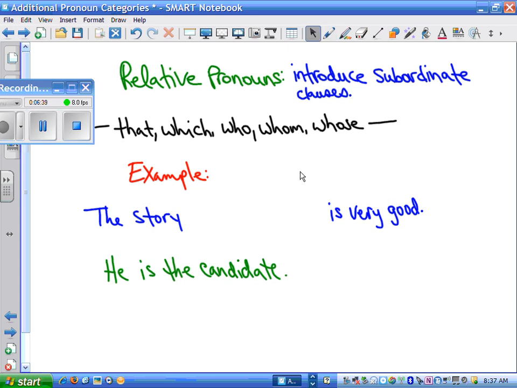And there we go. He is the candidate. It can be a sentence on its own. But again, it's just not as informative. You just don't know as much about the candidate.